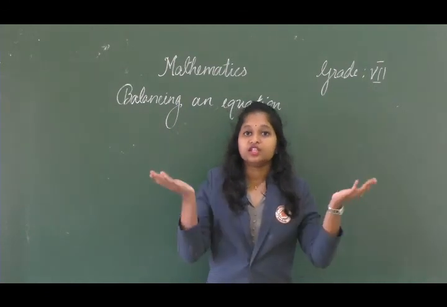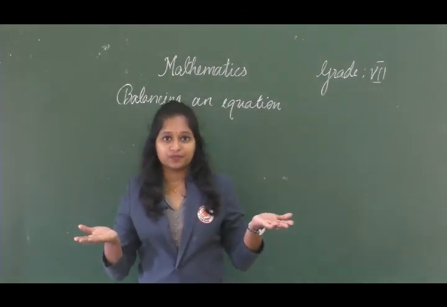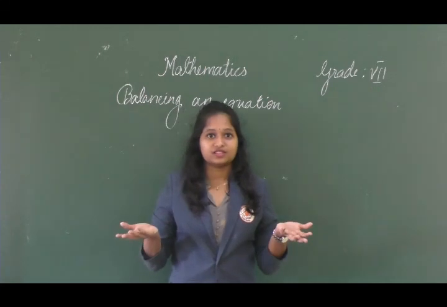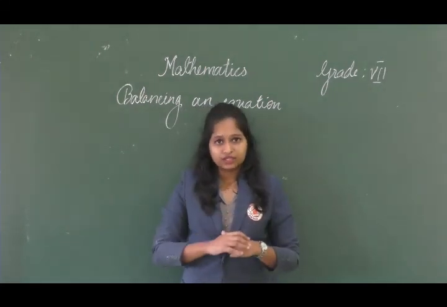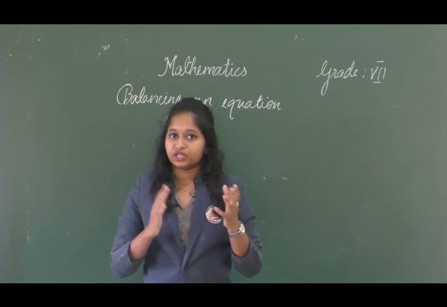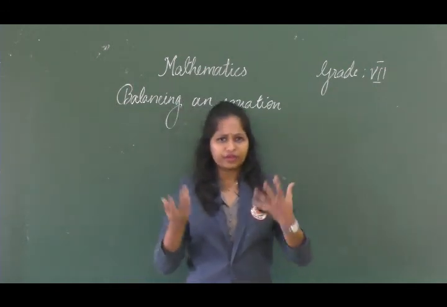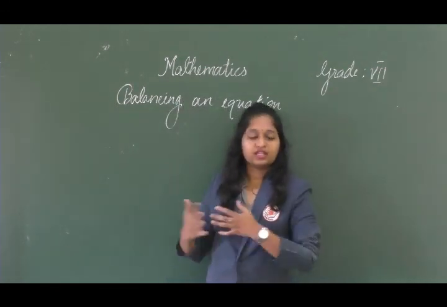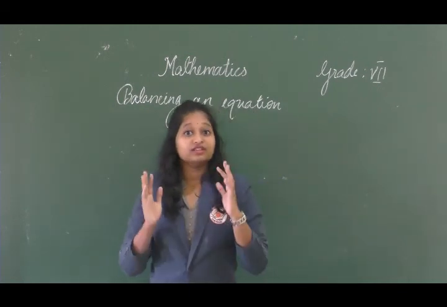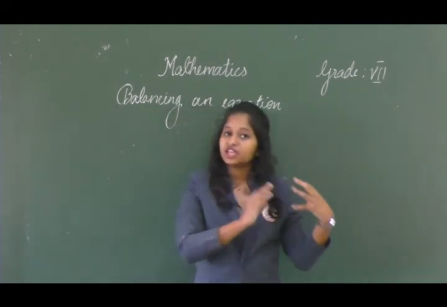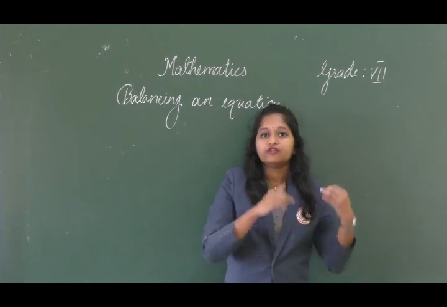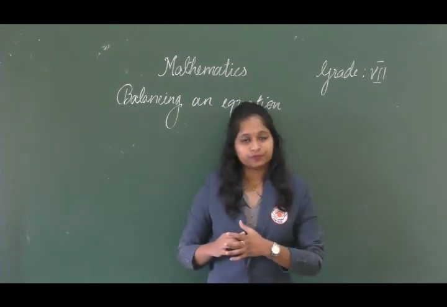Only then the equation would be balanced. In the previous grade also you have learned this, right? Similarly, if you subtract one number or one variable from the left side of the equation, then you have to subtract the same number or same variable from the right side also.